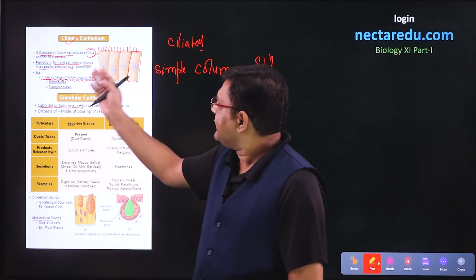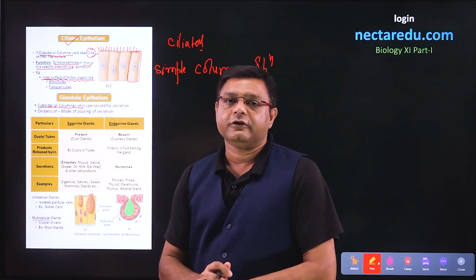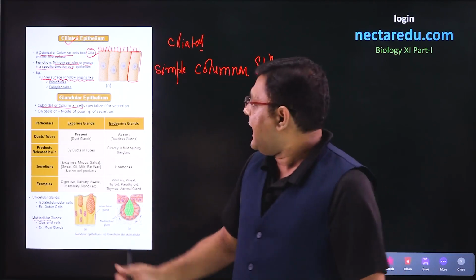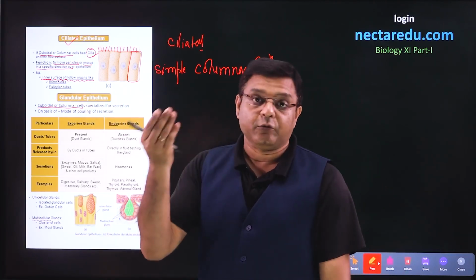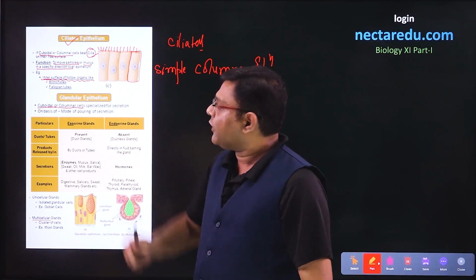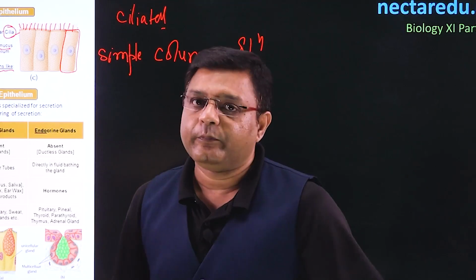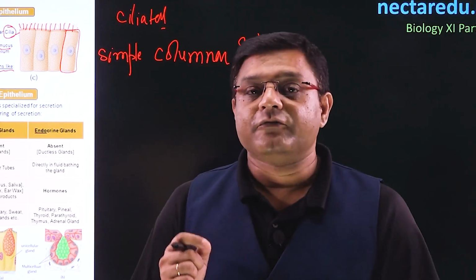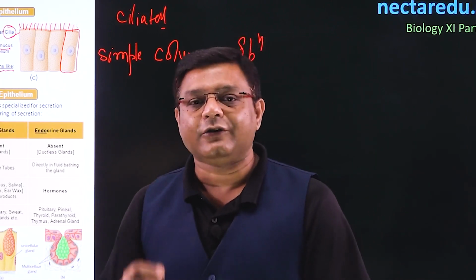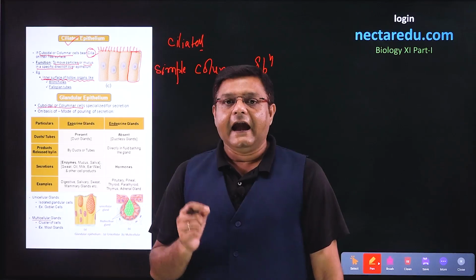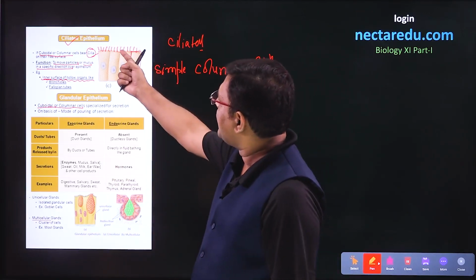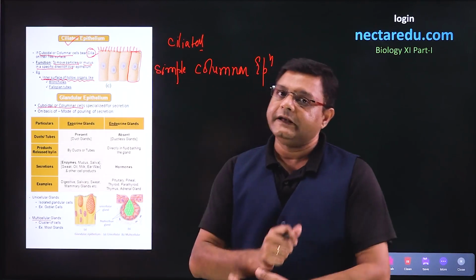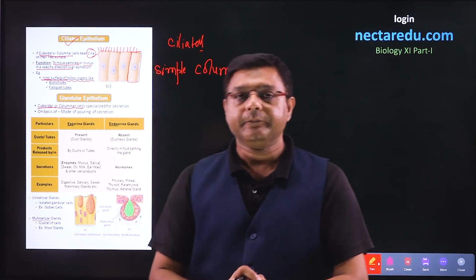What these cilia inside bronchioles will do is beat in the opposite direction and take the dust outside. Similarly, fallopian tubes will have ova present inside. Now, we very well know that ova is non-motile, and ova moves with the help of these cilia in the fallopian tubes. So, that is how ciliated epithelium works in our body.